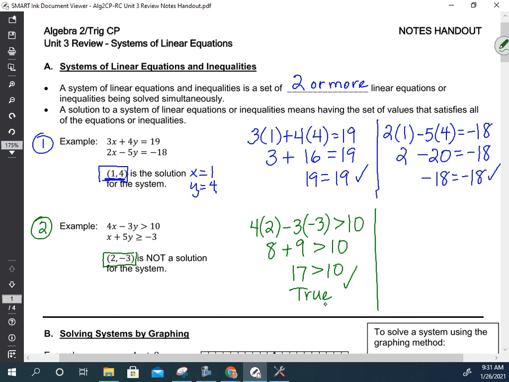But now we have to check the other problem. x plus 5y is greater than or equal to negative 3. So 2 plus 5 times negative 3 is greater than or equal to negative 3. What's 5 times negative 3? 2 minus 15 is negative 13.